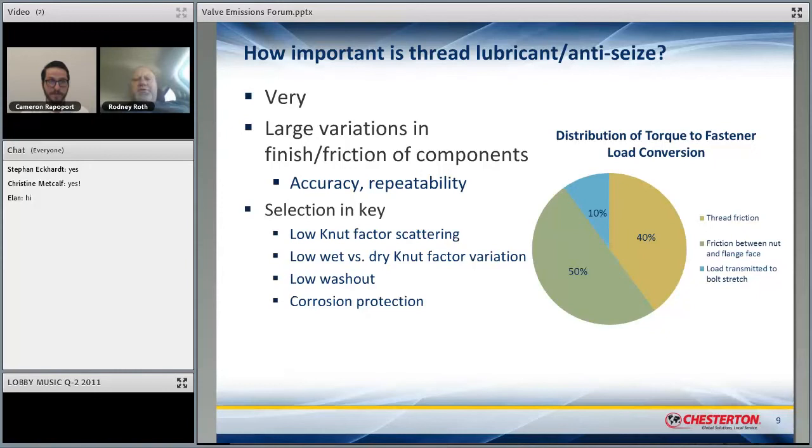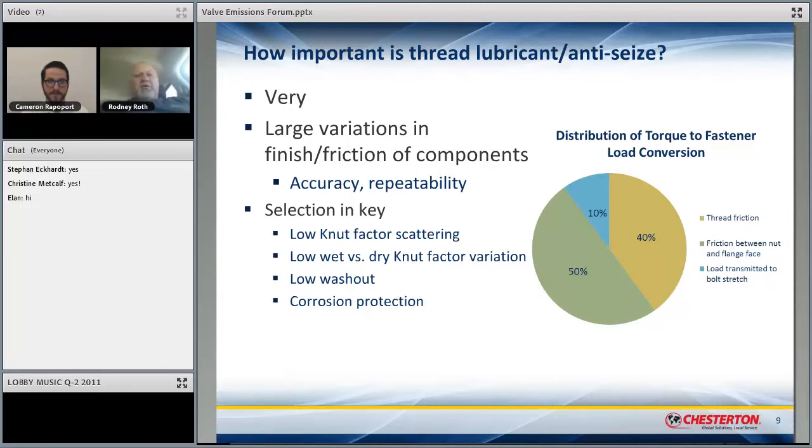Well, the most interesting thing about anti-seize, as I've talked about it more and more over the past few years, especially with the relevance of the maintaining of low E packings, is that most people have used anti-seize in some shape, form, or fashion when they've been bolting flanges for a long time. They may not have applied it correctly.